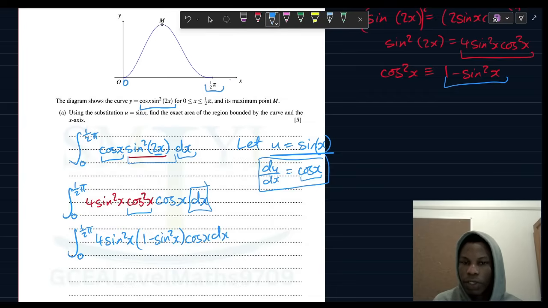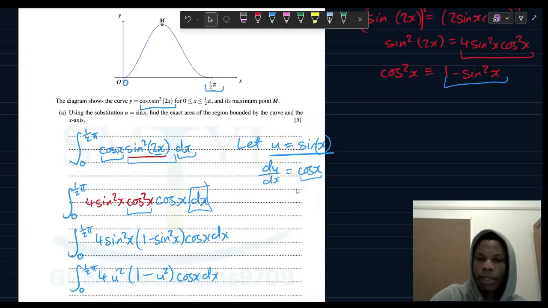So now if we use the substitution u is equal to sine x, we have the integral of 4, this sine x we can replace with u, but remember it's squared, so it becomes u squared, 1 minus this sine x again, replace with u, squared, so u squared, cos x dx.